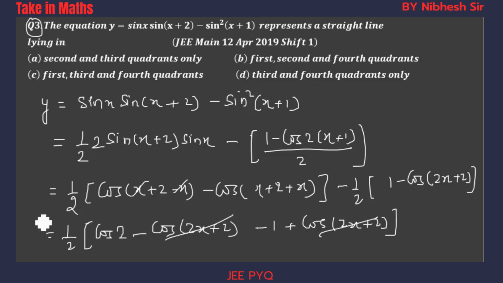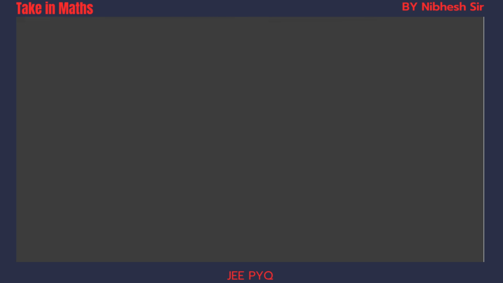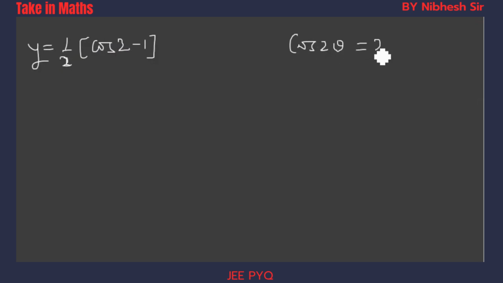Now we have 1/2 y equal to 1/2 (cos 2 − 1). Now I can apply the formula for cos 2θ. Cos 2θ is 2cos²θ − 1, and another one is 1 − 2sin²θ.